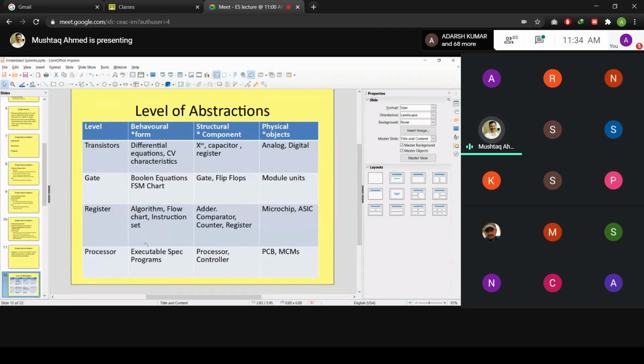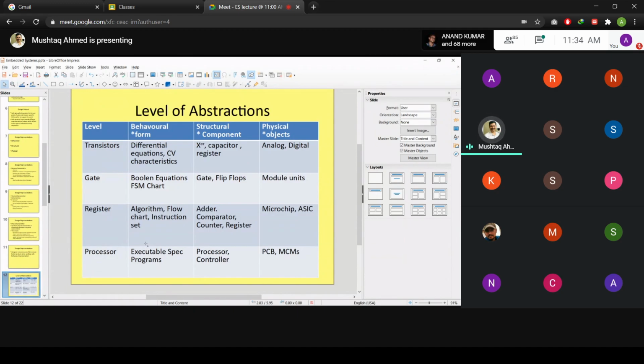So at the transistor level, in a behavioral description, we are required to give the equation. For example, for the AND gate, it is nothing but A into B. So we say that F is equal to A into B. But A into B is an AND gate, and the majority of the devices which we use are made up of NAND gates or NOR gates.